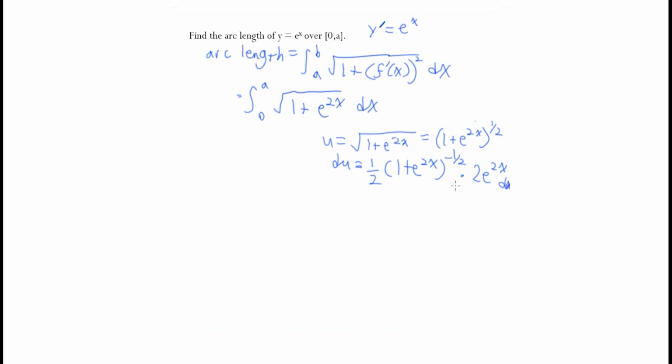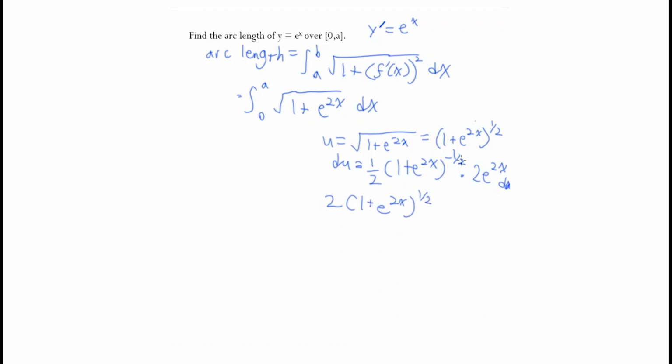And then now we're going to have to flip everything over onto the other side so we can get dx is equal to something du. So multiply both sides by 2, and then multiply both sides by 1 plus e to the 2x to the half.